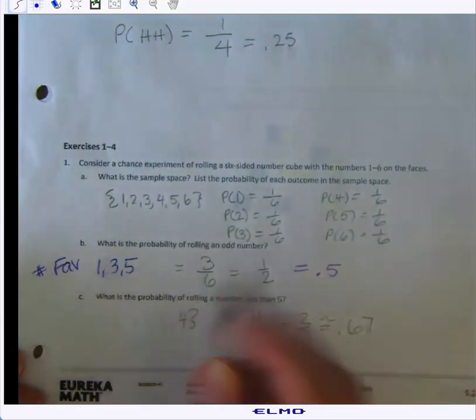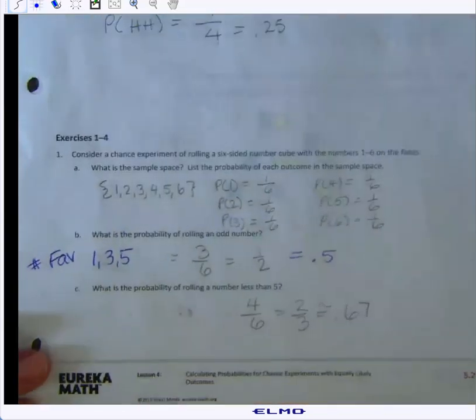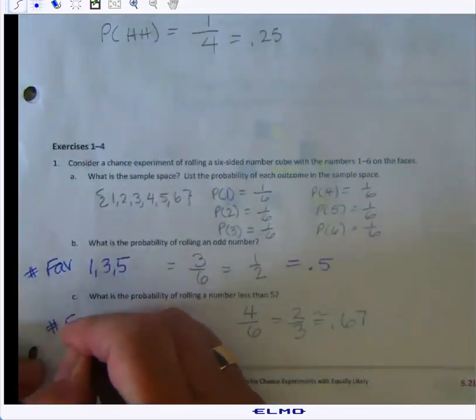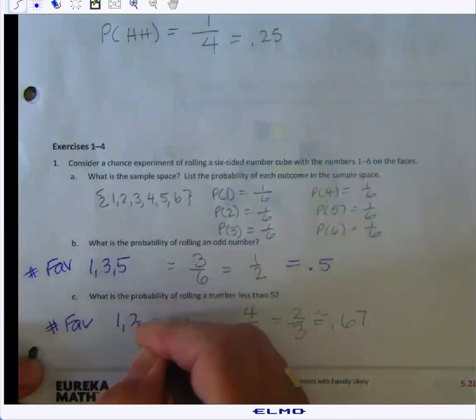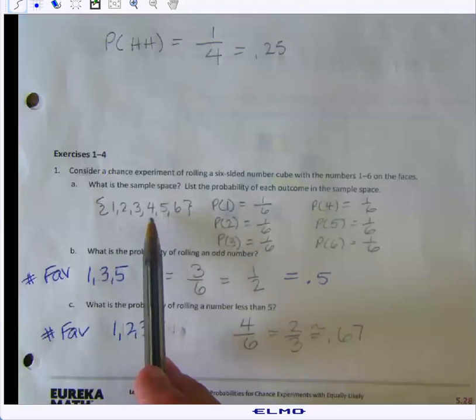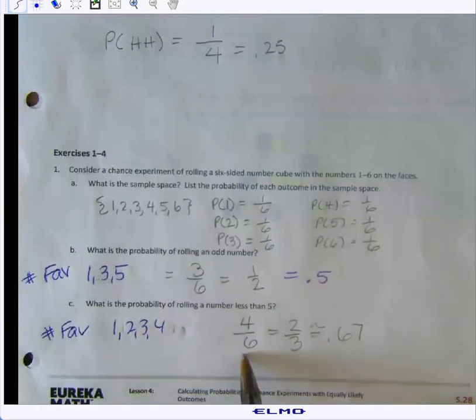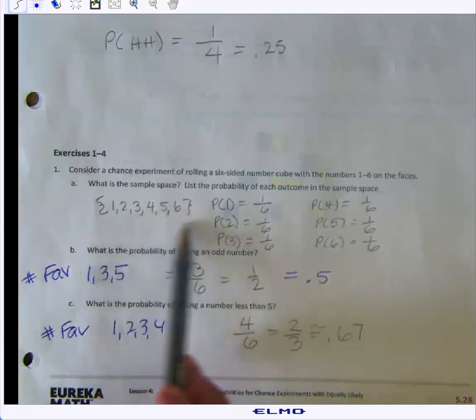And here, the number of favorable events are 4. Okay, the number of favorable would be 1, 2, 3, and 4. Those are the outcomes from our sample space that are less than 5. So there were 4 favorable outcomes, 1, 2, 3, 4. So it's 4 out of 6. See, I still have the same sample space.